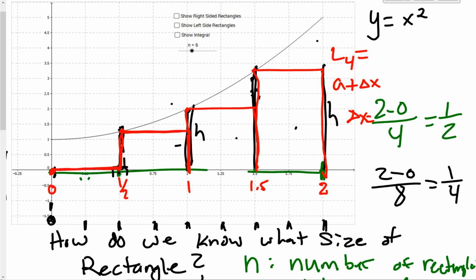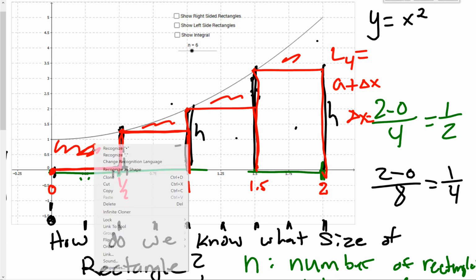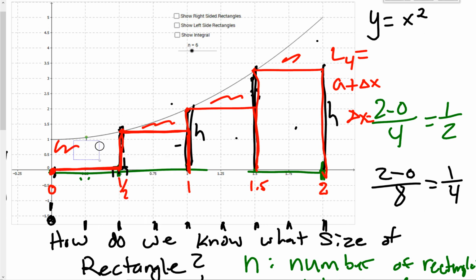So that's what my rectangles look like, and you notice that I'm under the graph here, here, here, and here. So it's an underestimate, and it's actually a lower sum, because all my rectangles are underneath the curve.